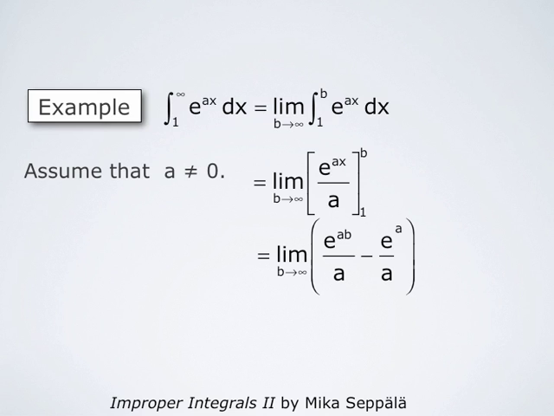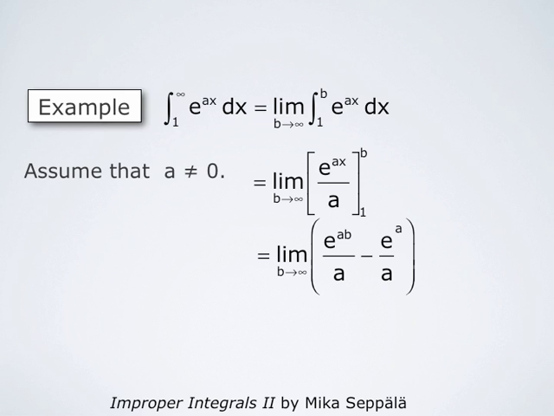If a is positive, then as b approaches infinity, e to the ab also approaches infinity. Therefore, if a is positive, then this expression e to the ab divided by a minus e to the a divided by a has infinity as its limit.